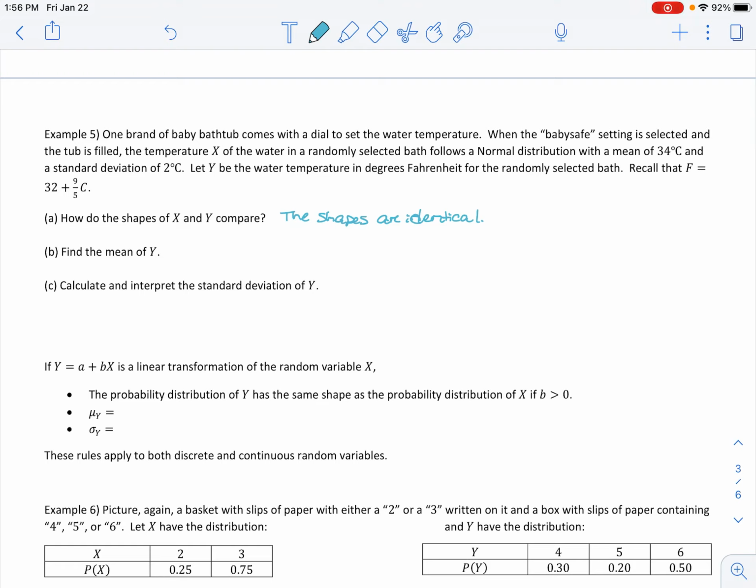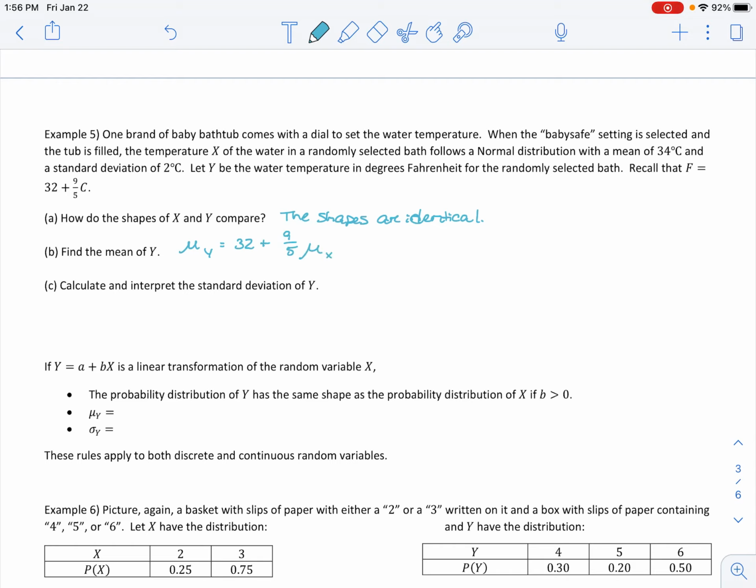And then I want the mean of Y. Remember we talked about in class how the average will be affected both by addition as well as multiplication, subtraction and division. Any linear transformation will be applied directly to the mean. So the mean of Y is just the mean of X after 9/5 has been multiplied and 32 has been added.